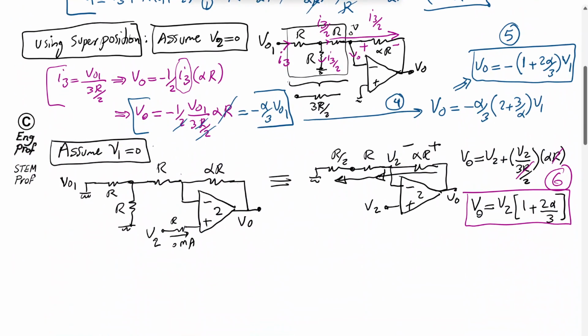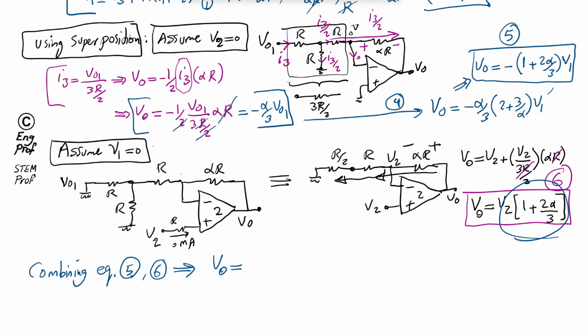So adding equations 5 and 6, we get V out overall equal to this plus this one.